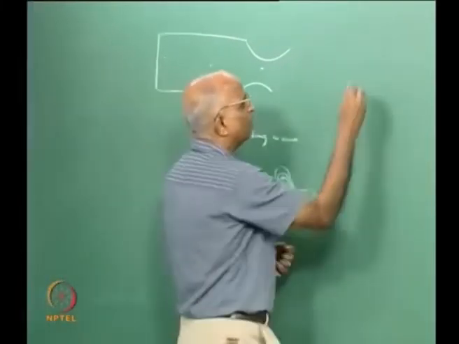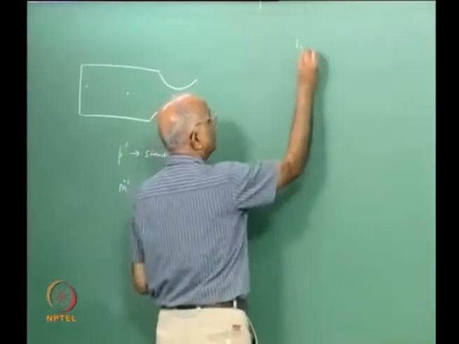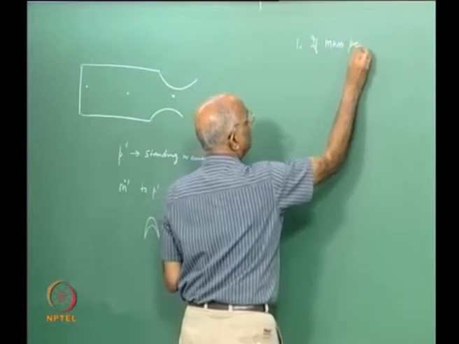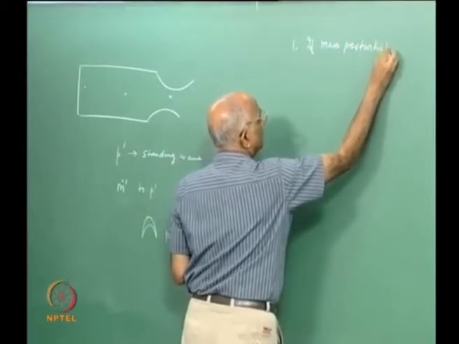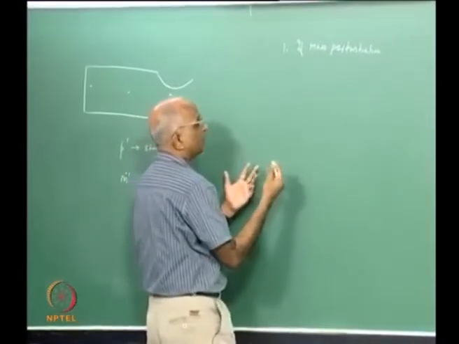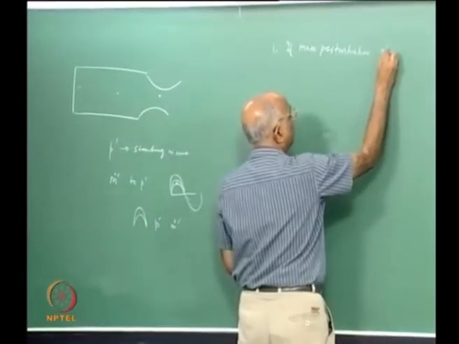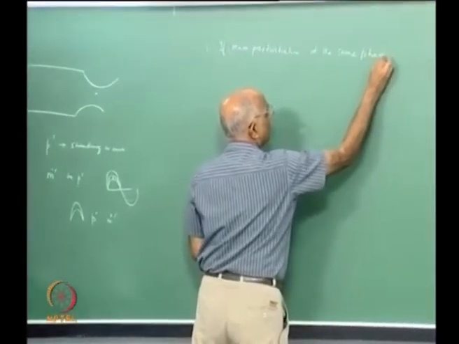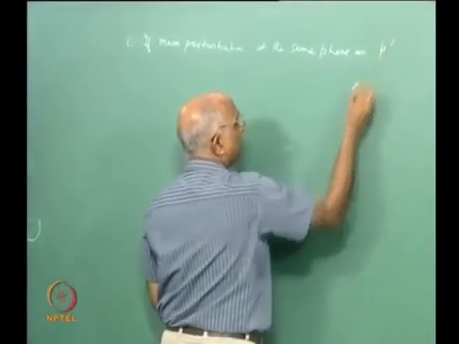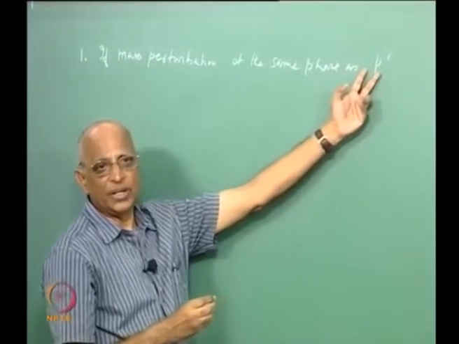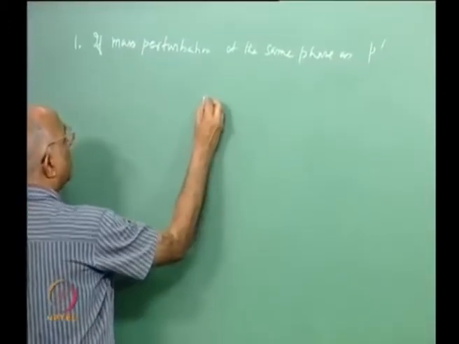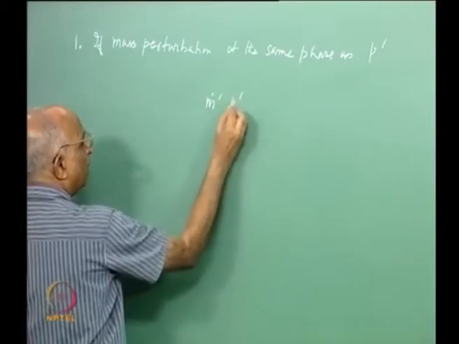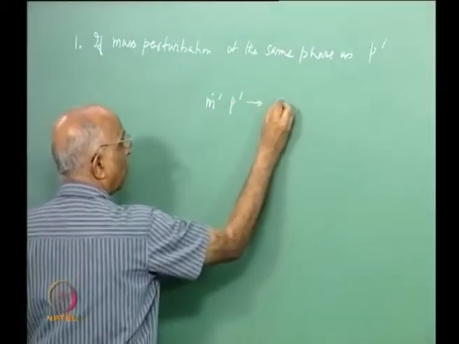Therefore the first point I say is, if I add mass perturbation in the same phase as a perturbation in pressure, then the pressure perturbation could increase. In other words, I am looking at the product of mass perturbation, m dot prime, and P prime, which can lead to growth of the wave motion.